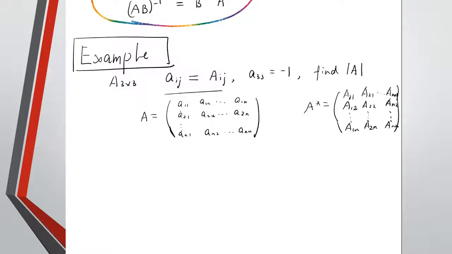So it seems like we have to do some transpose here. If each element equals its corresponding algebraic complement, it just means we have to do the A transpose, like turning this to the left or to the right 90 degrees.